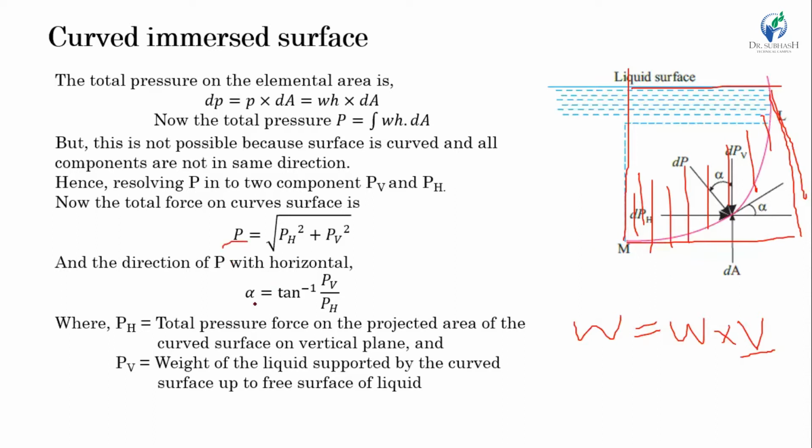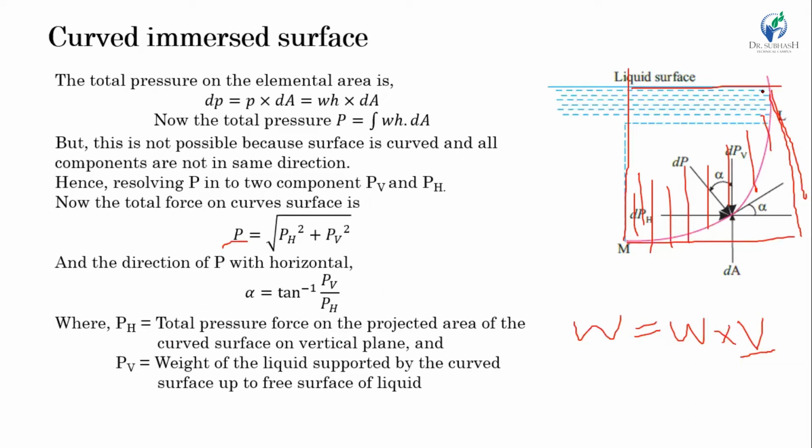And alpha is the inclination of the force, which is nothing but tan inverse of PV by PH. Now where will this force act? The location of the vertical pressure force is the location of the total force acting on the surface.